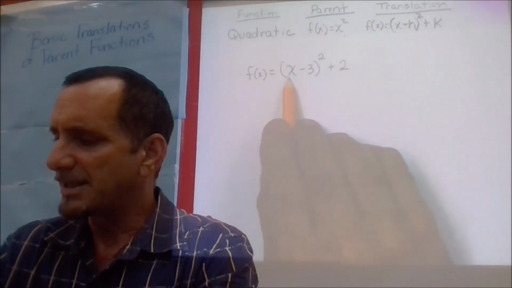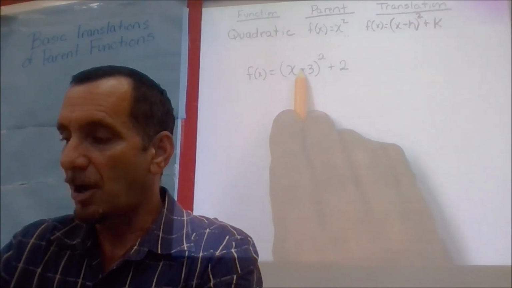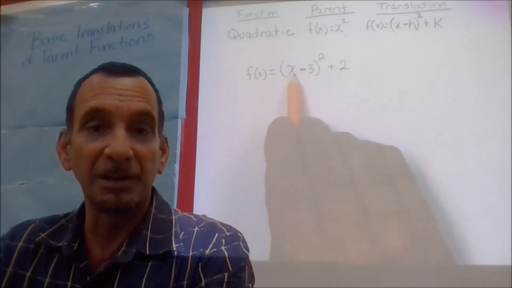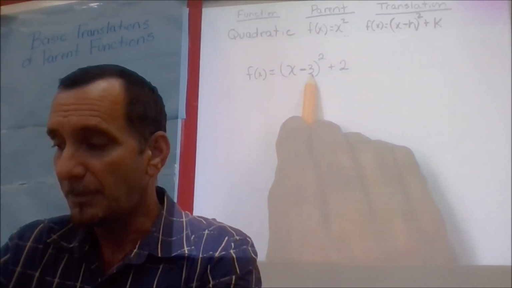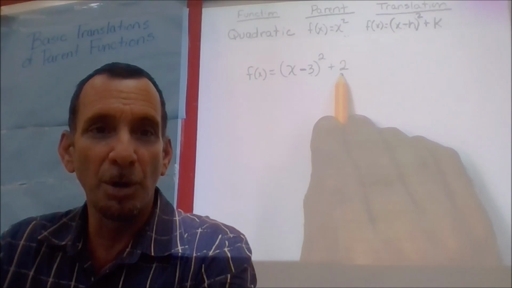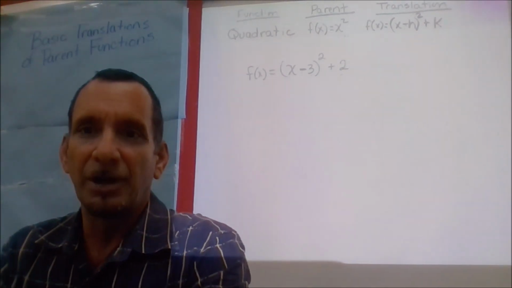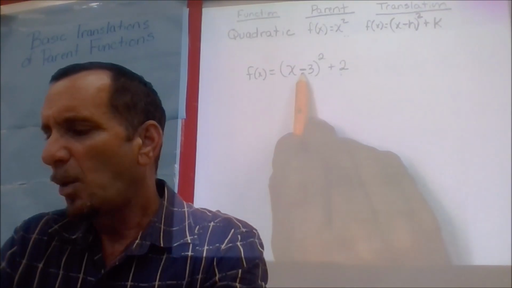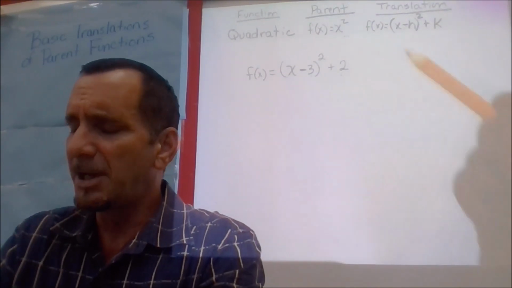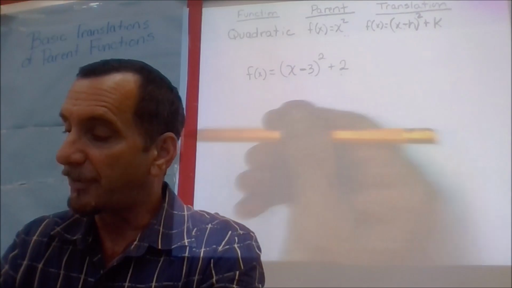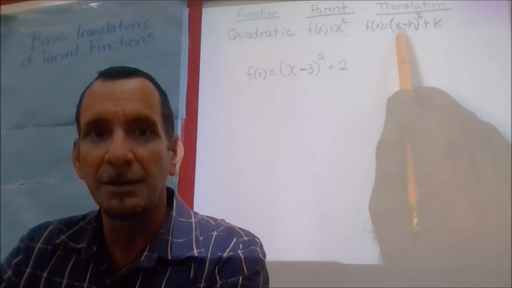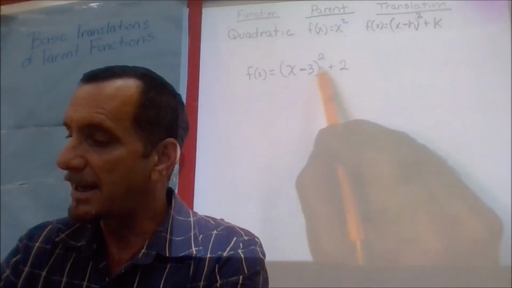Now, because it's x minus h and there's already a subtraction here, it's going to shift left or right 3 units and up or down. Now, the way I look at it, and it's not the most technical way, is I always say, well, minus 3, you would think it goes left, but because there's a negative in the formula already, the h is a 3.